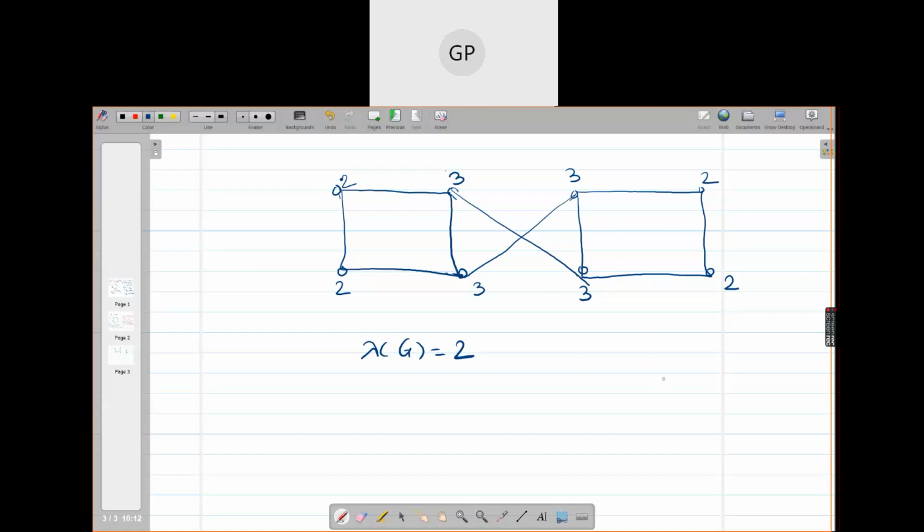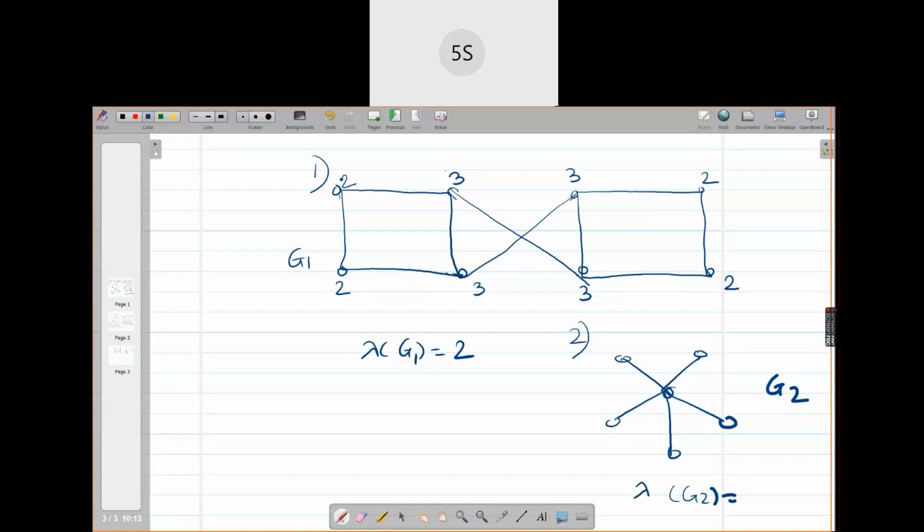Next, suppose I draw this graph. This is a star graph. So what is the edge connectivity of this graph? This is G2 suppose and this is G1. What is lambda of G2? How many edges will you have to delete to make the graph disconnected?